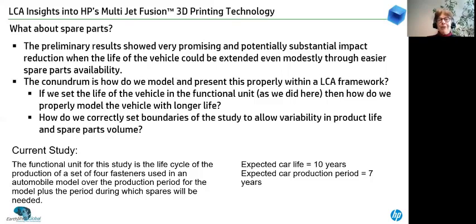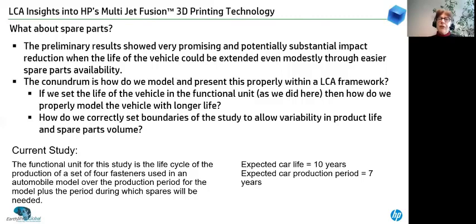What would happen if you could pull down the drawings and make a part, or your repair folks could make a part? What would happen if that meant you could keep your car or your dishwasher a year longer? This was something that we did look at putting some boundaries on, but HP didn't really want to share the results publicly because it didn't feel like it was robust enough at that point.